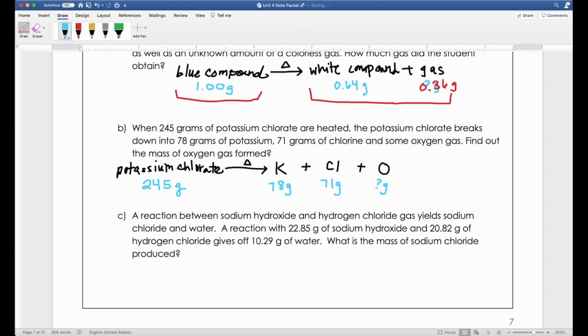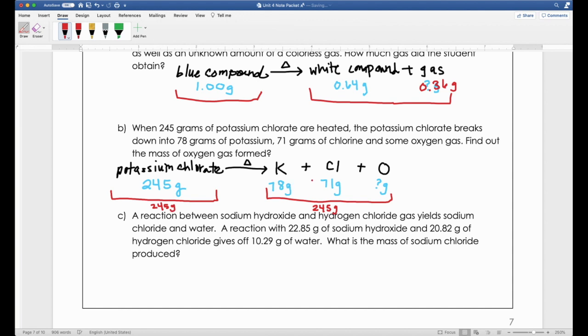Again, compare your reactants to your products. So I only have 1 reactant here, and that 1 reactant is the 245. So therefore, all of my products must also equal 245 grams. So this is 245, and this is 245.